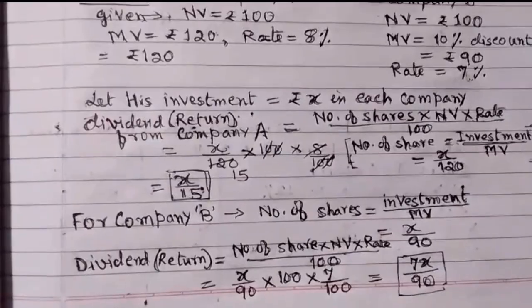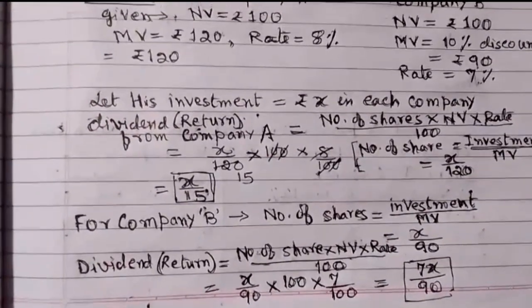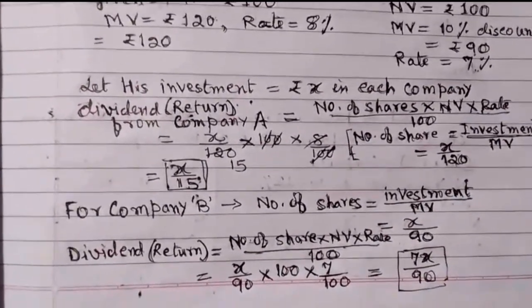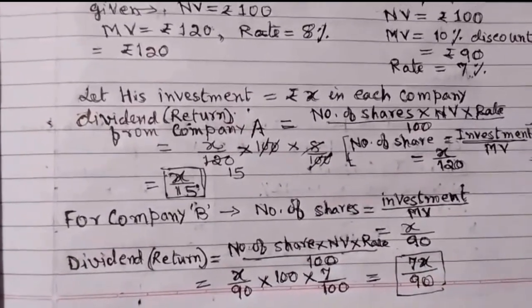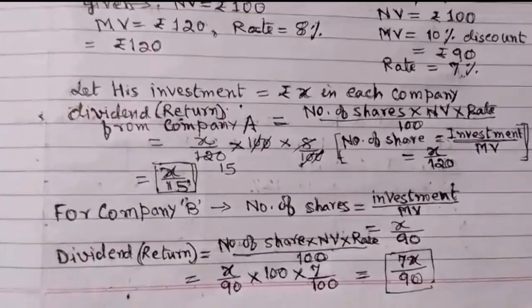It's also given his total income from the two companies' shares is 936.